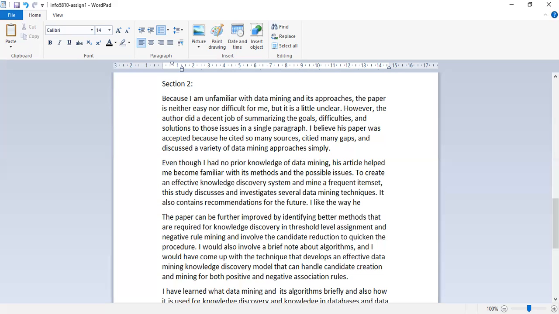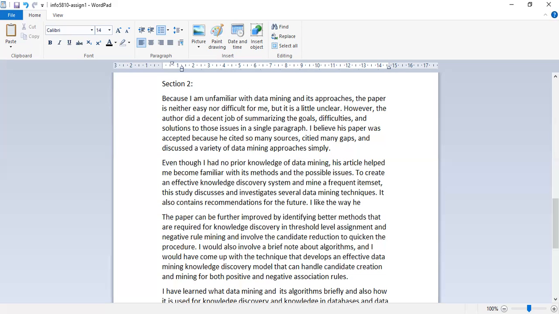Coming to this paper, the author has done a very decent job summarizing all the goals, difficulties, and solutions, everything in a single paragraph. He has taken around 18 publications and explained all 18 in 18 paragraphs, which is a really good job. He said what they suggested and how they implemented it.